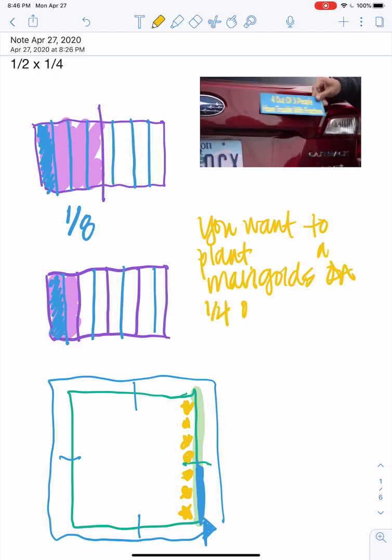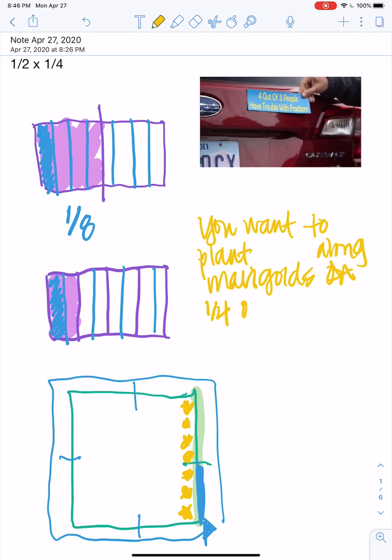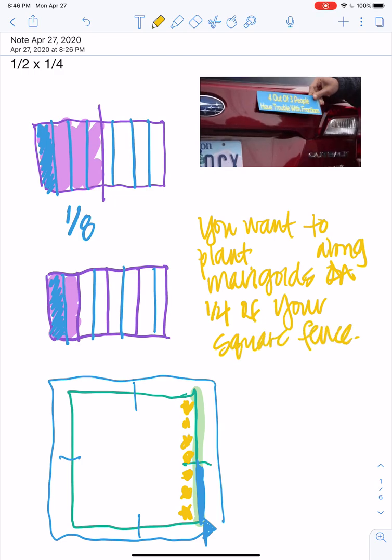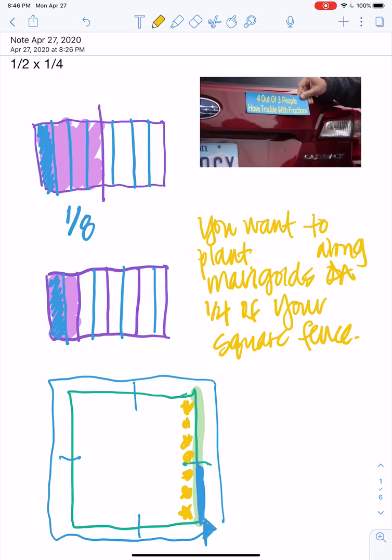Maybe not on, maybe along. You want to plant marigolds along 1/4 of your square fence.